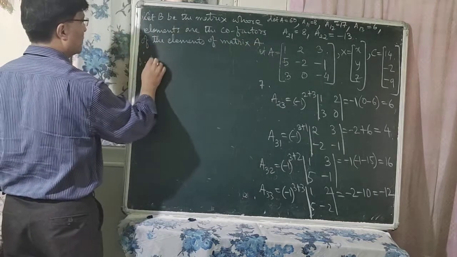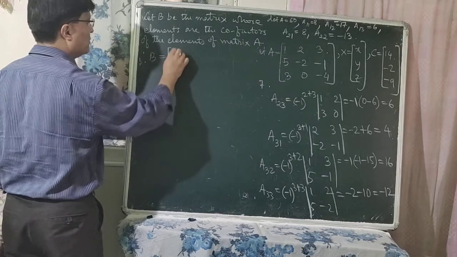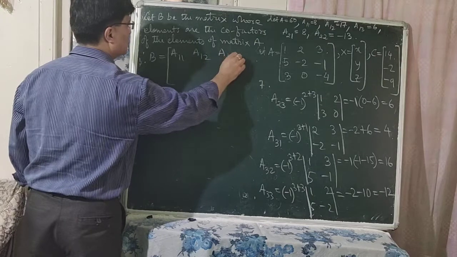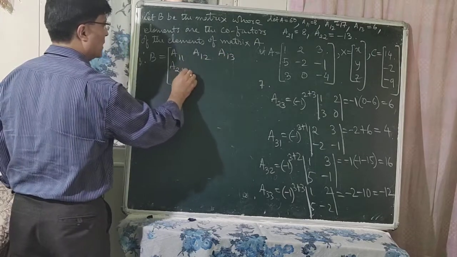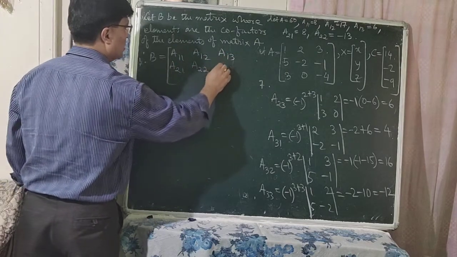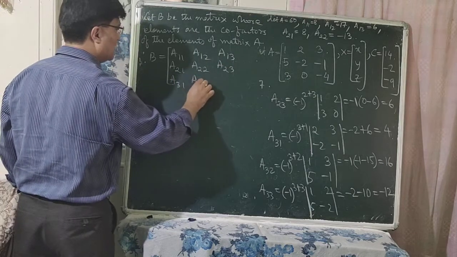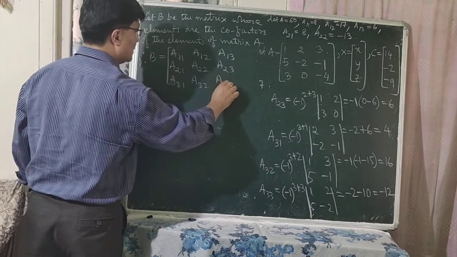So therefore capital B is equal to, what is capital B here? A11, A12, A13, A21, A22, A23, then A31, A32, A33.